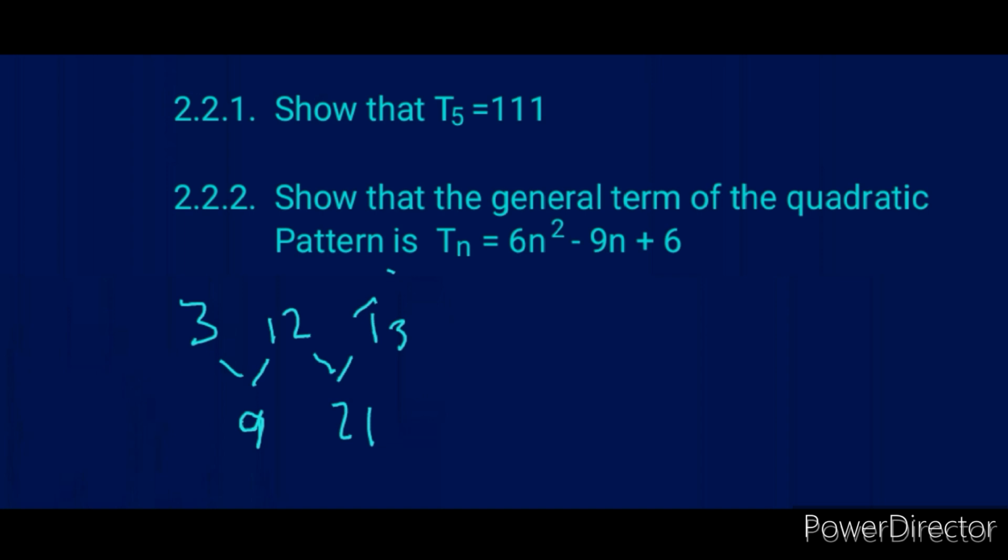So in other words, T3 minus 12 is 21. So T3 is equal to 21 plus 12, which should be 33. So the value of T3 is 33. So we found the value of T3.